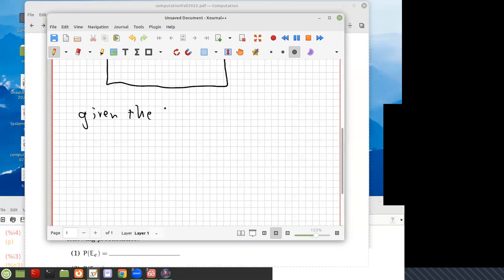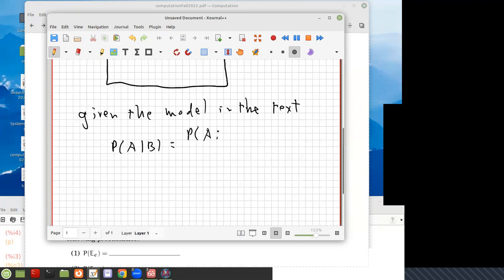Given the model in the text, the probability that A occurs, given that B occurs, is the non-conditional probability that A intersection B occurs, over the probability that B occurs. So the second one is the denominator, and you have the intersection in the numerator.